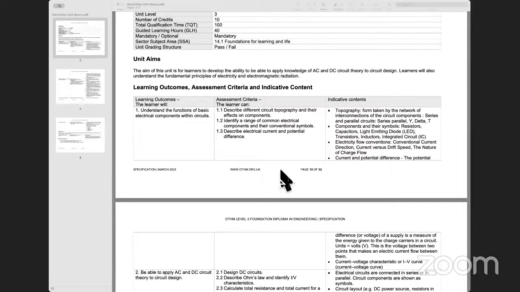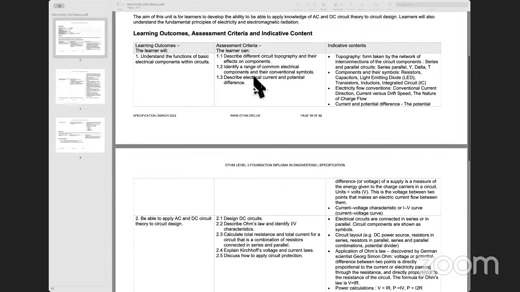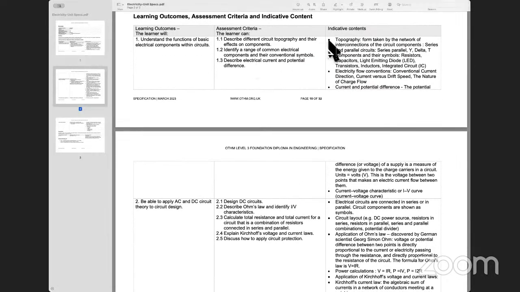The first learning outcome will look at helping you understand the basic functions of electrical components within a circuit. It has three assessment criteria. We'll be looking at covering things like topography, components, some various important components of electricity which allow us to create an electric circuit like resistors, capacitors, light emitting diodes, transistors, inductors, and we learn about the integrated circuit.